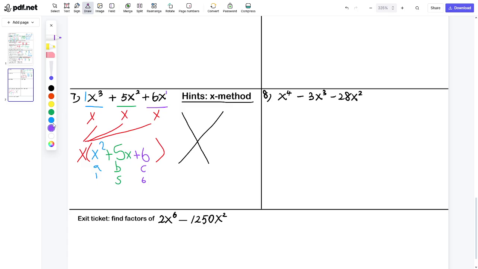So in the top, we always put a times c, and the bottom, we put b. So first, a times c is just 1 times 6, which is, well, 6. Our b value is going to be 5.